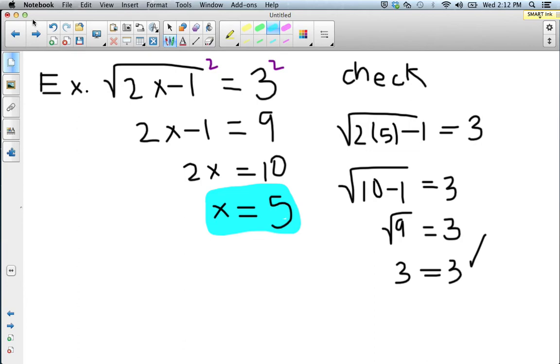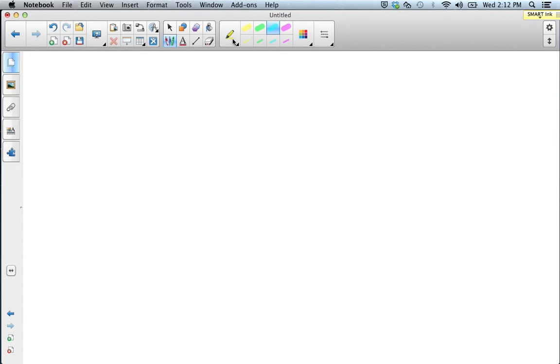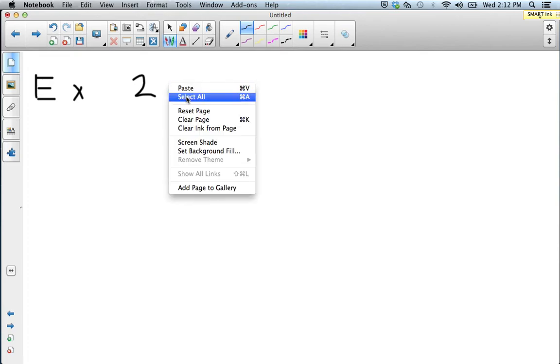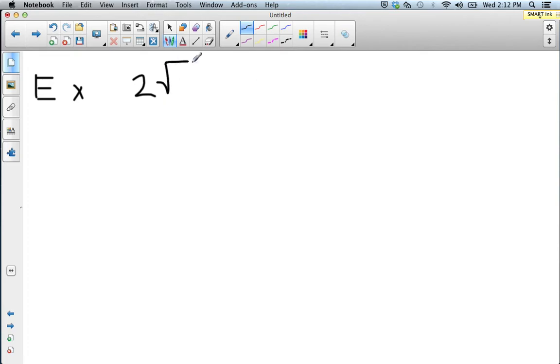Let's see if we can get a little bit harder one. How about a cube root example? So let's do this. 2 times cube root of x minus 1 equals 3.